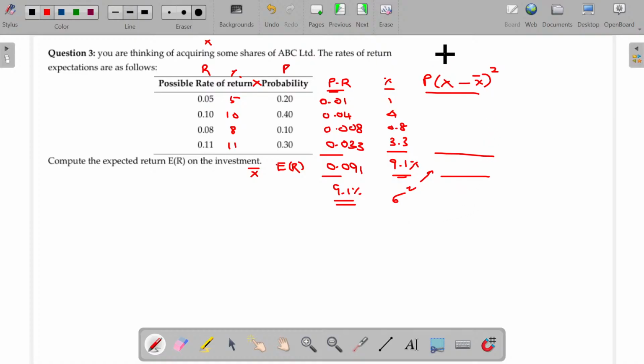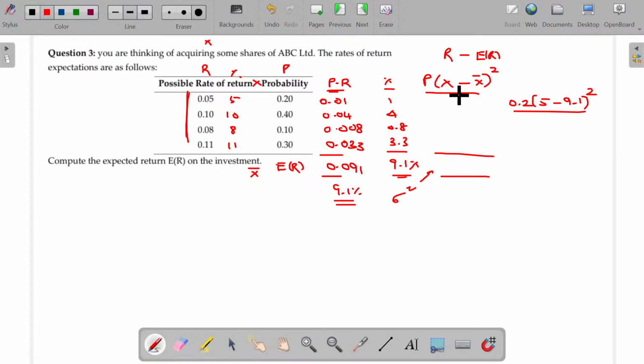The x is the return you earn as per your estimation, and x bar is the expected return, 9.1. So 5 minus 9.1, to the power 2, multiplied by the probability 0.2. This is the way you calculate for this value.